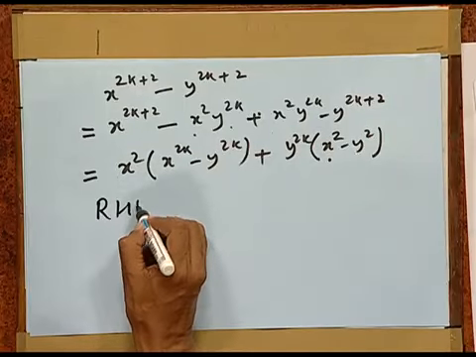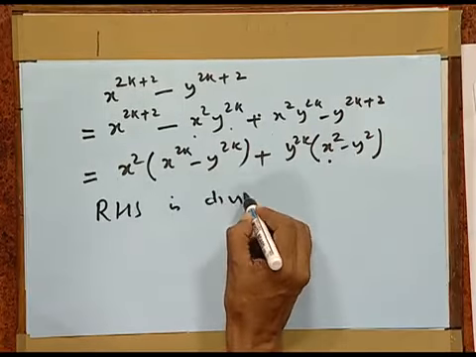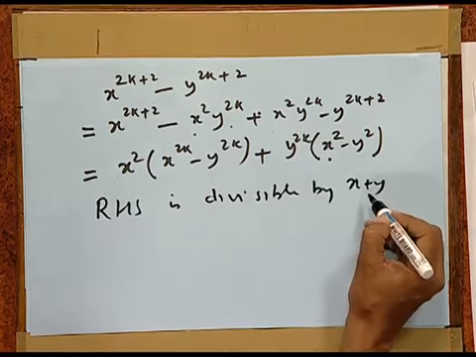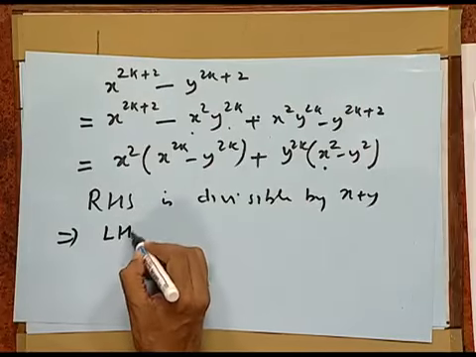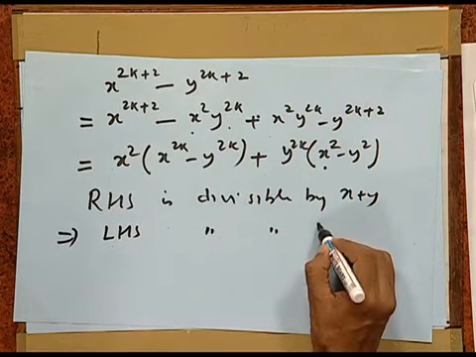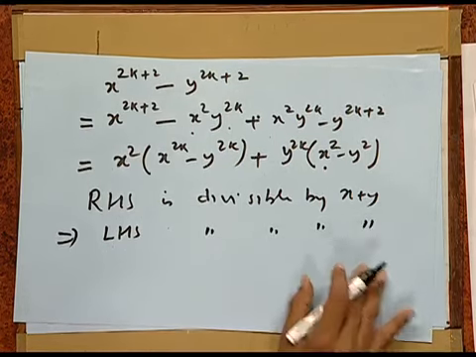In this manner, the entire right hand side is divisible by x plus y, and hence left hand side should be divisible by x plus y.